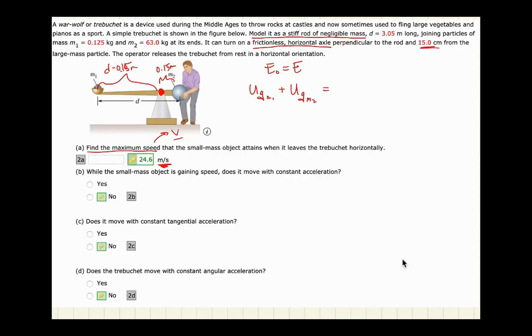At the end, after this happens, these objects will still have gravitational energy because they're presumably not on the ground, right? That would be a poorly constructed trebuchet. So we'll have U_G of M1 final plus U_G of M2 final plus, now they'll be moving, so we'll have some rotational kinetic energy.